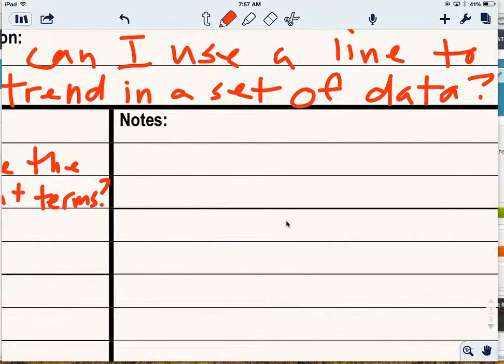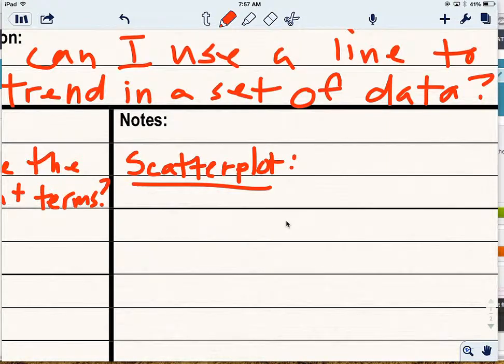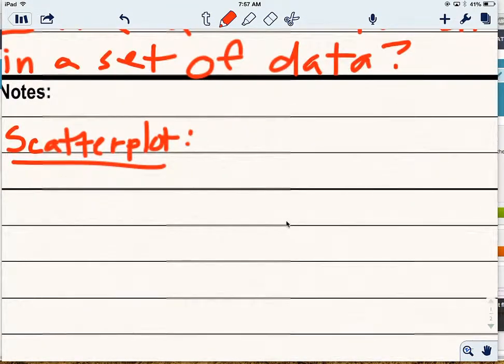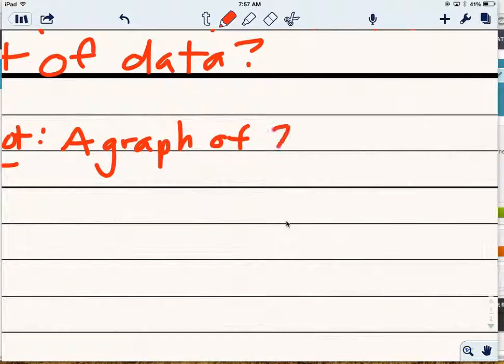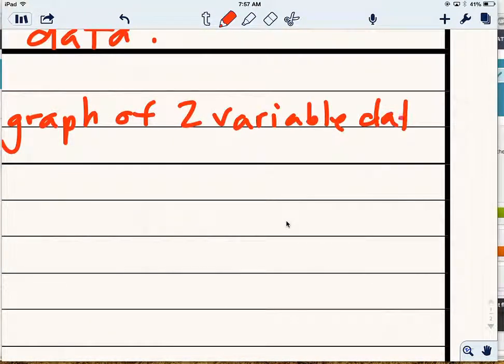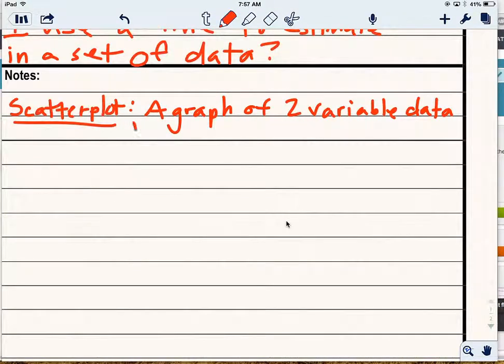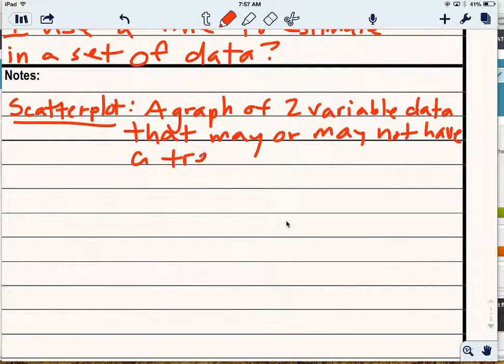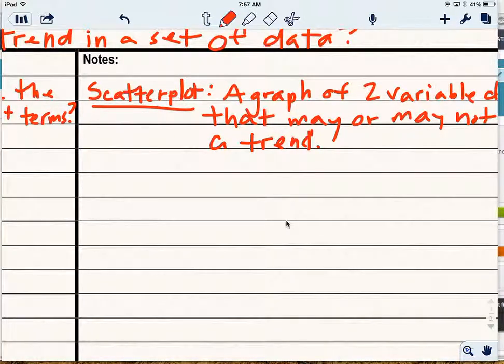First, I'm going to note scatter plot. It's a graph of two variable data that may or may not have a trend, which leads us to the second thing here, which is a trend.